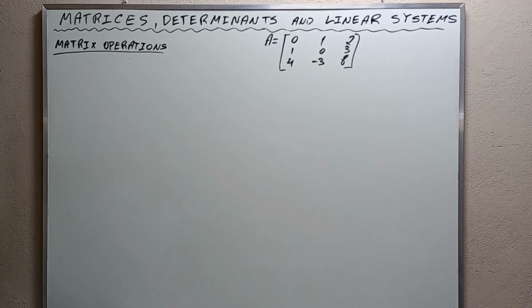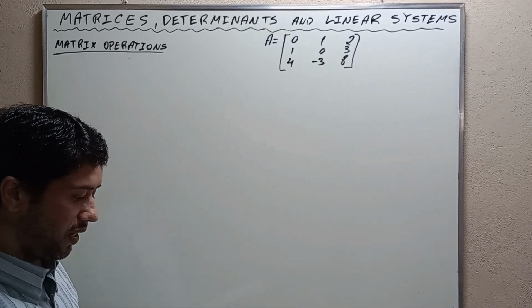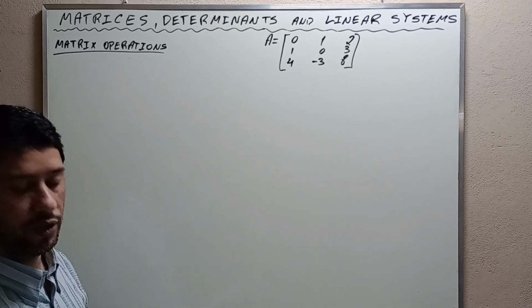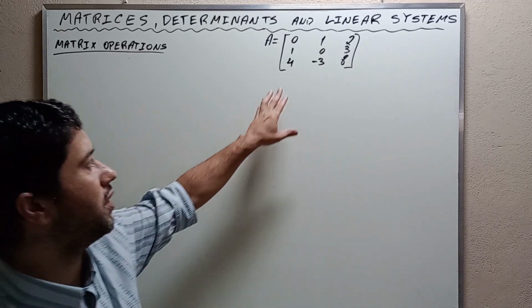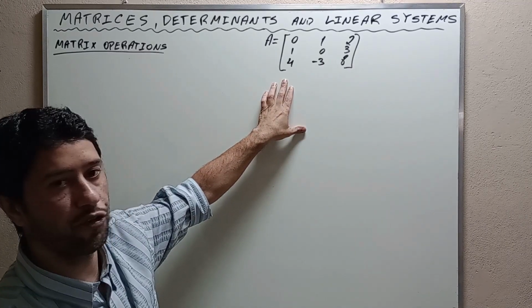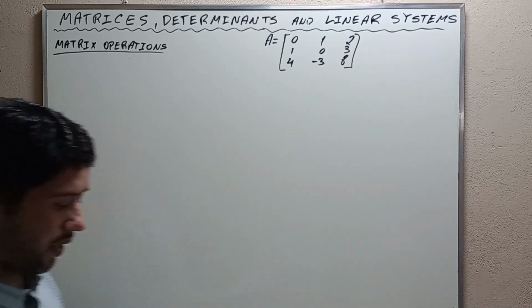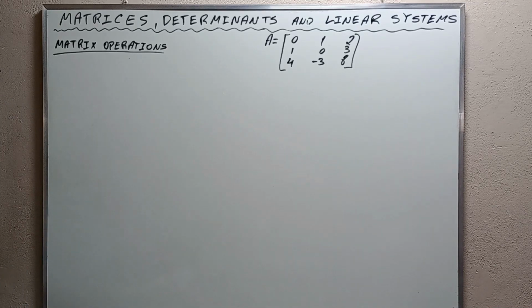Now let's see the techniques that are often used to find the inverse of a matrix, and let's apply these techniques on this matrix here. Example, find the inverse of matrix A. And how do we do it?